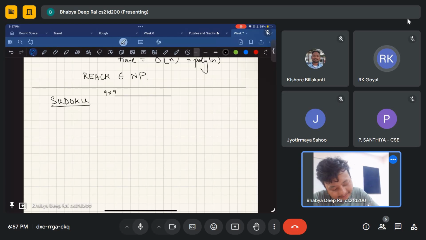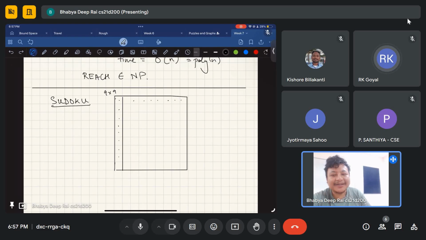So it's like a 9x9 grid, with 1, 2, 3, 4, 5, 6, 7, 8, 9 along each side. Let's assume there are lines here, and further there are boxes like this.